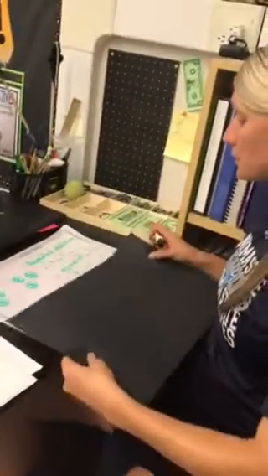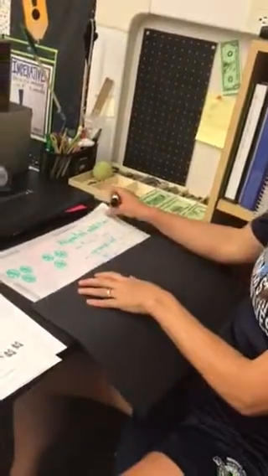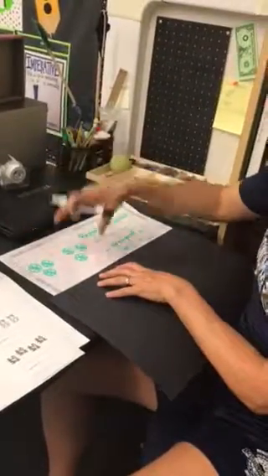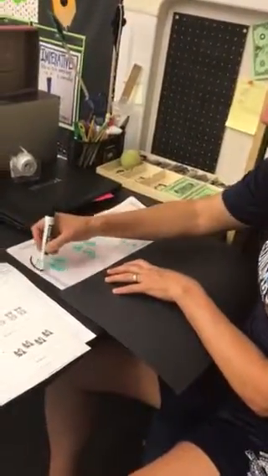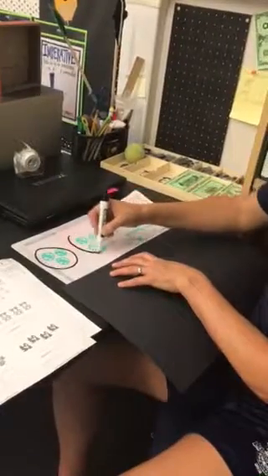Let me show you what that looks like. Here I have groups of basketballs. The first thing I want you to do is circle the equal groups. So I see a group of 3 here, and I see a group of 3 here. I'm going to circle them. Now I've got my equal groups drawing.